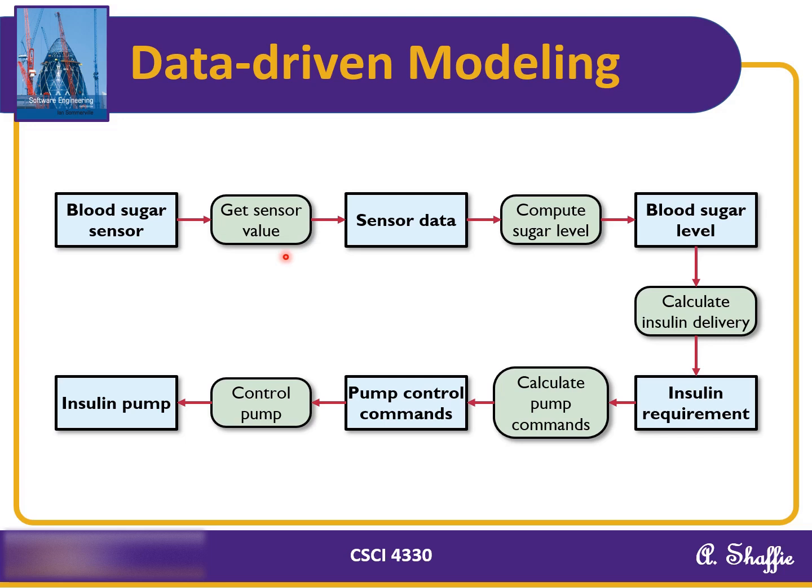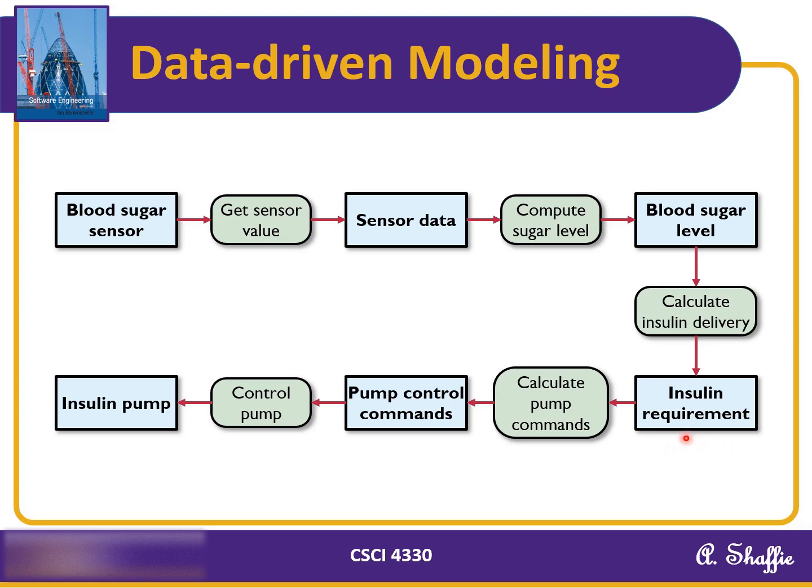This produces collected sensor data, which moves into the compute sugar level activity, resulting in the blood sugar level data. Next, the calculate insulin delivery activity determines the required insulin amount, producing insulin requirement.